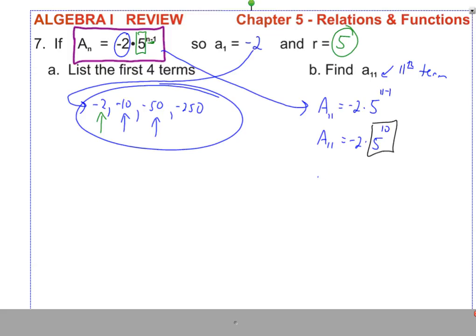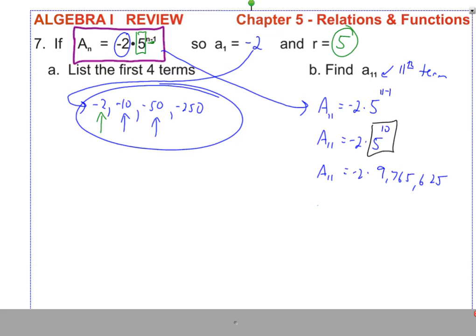And so you punch it out in your calculator, and your calculator tells you that 5 to the 10th power is some big number. And I don't have it written down here. Let me punch it out real quick for you. So 5 to the 10th is a million something here. And remember, we went over these buttons in class. This is 9,765,625.